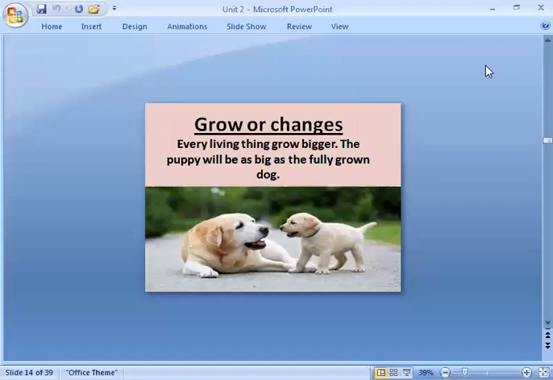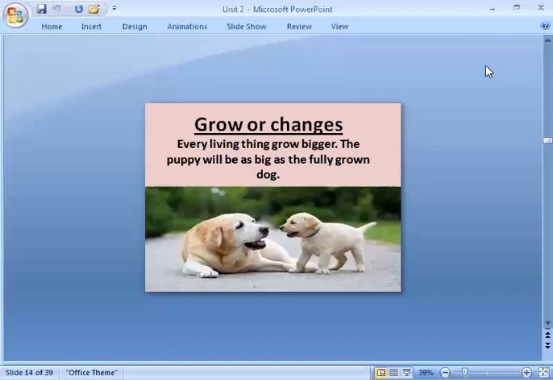Yes, cat gains its weight, cat gains height. Okay, do you know the name of baby animal and any adult animal? Okay, the name of baby dog is puppy.